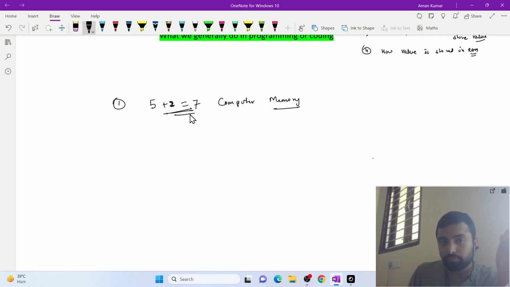Now the question is, where do these two values get stored, and where is the operation performed?